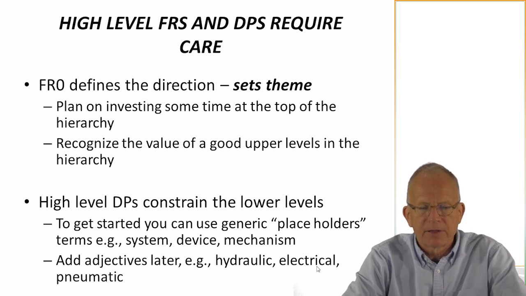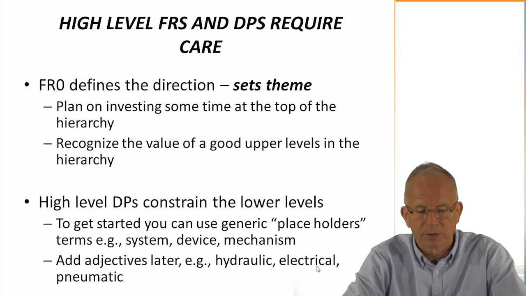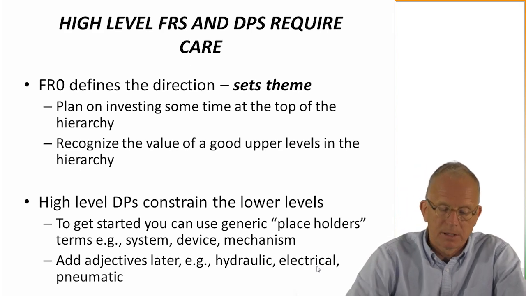So FRs define the directions, set the theme, provide value. Now the higher level DPs constrain the lower levels. So to get started, we could use some generic placeholders, terms like system, device, mechanism, and later add adjectives as appropriate, like a hydraulic system or pneumatic system or electrical system.